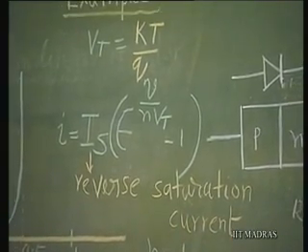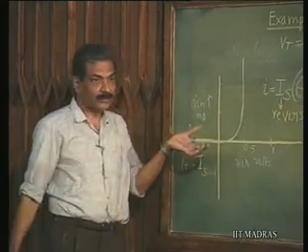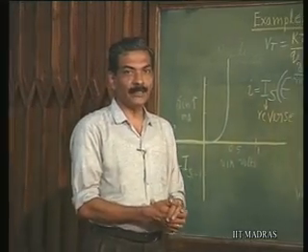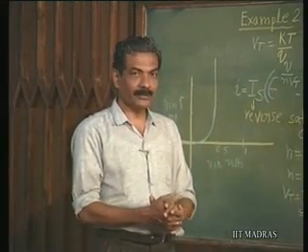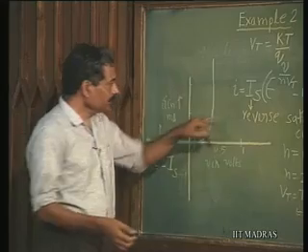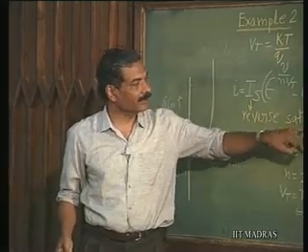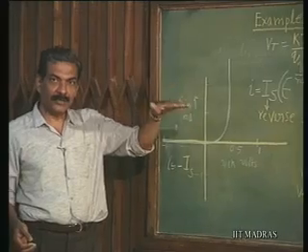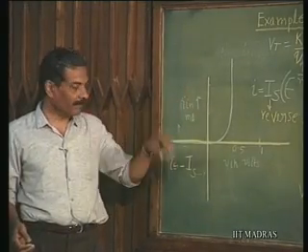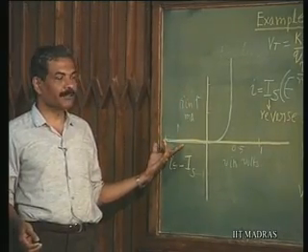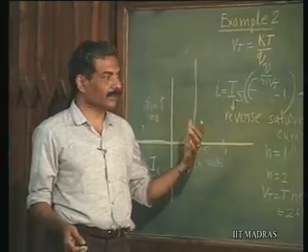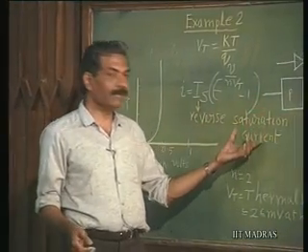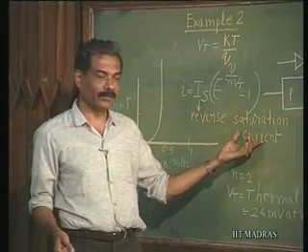It is the property of the material. This is going to be of the order of nanoamperes for normal diodes, and therefore this is called reverse saturation current. That is the current at which the current through the diode will saturate to a small value if it is reverse biased. That means it is not blocking current totally, it is permitting a small value of current to still flow.